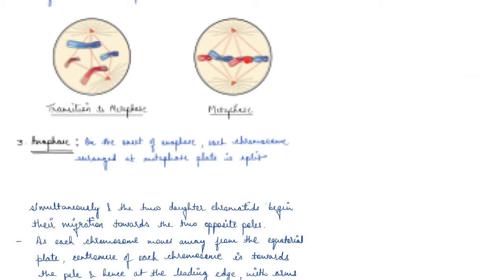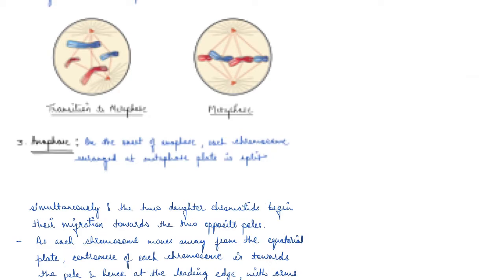In the next step, these chromosomes start splitting into the future daughter nuclei, and they begin migrating towards the poles, right? So one will migrate towards this pole and the other one will start migrating towards the other pole.